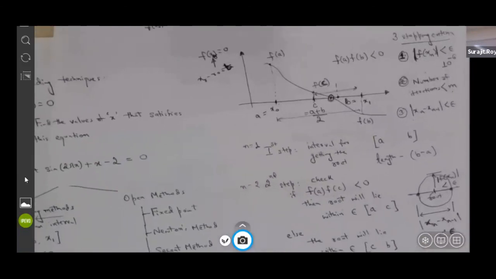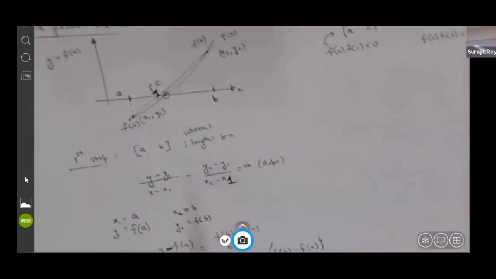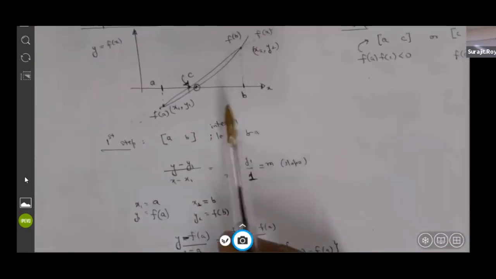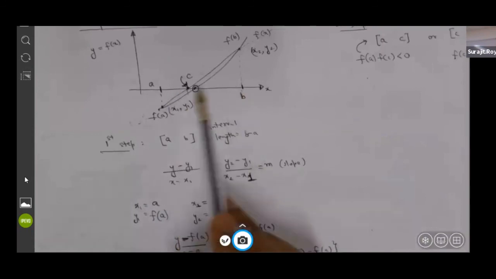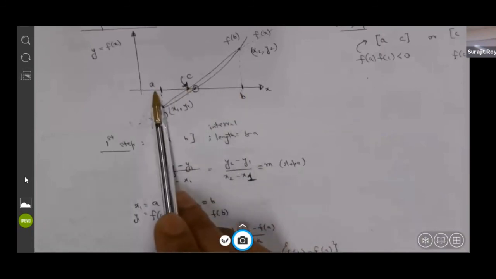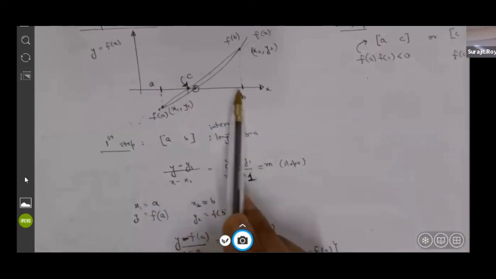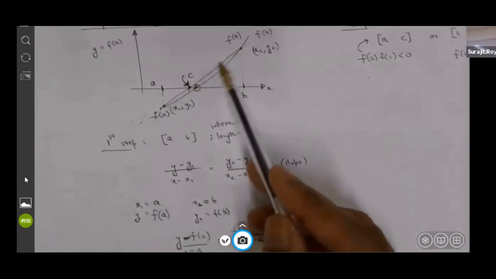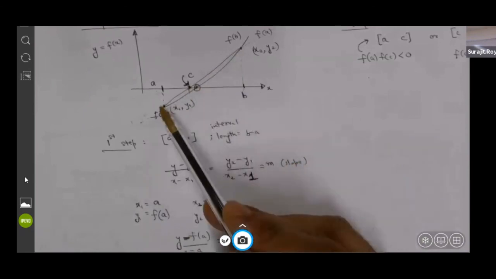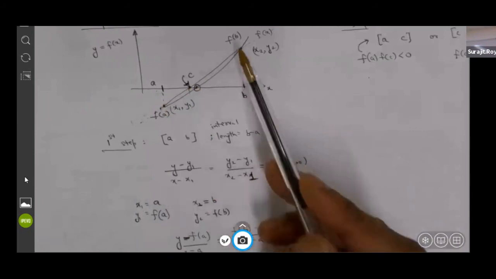For the false position method, again you have two starting points which bracket the root. One is on the left hand side, another one is on the right hand side, and you are basically reaching towards the root by finding the straight line that joins these two endpoints.